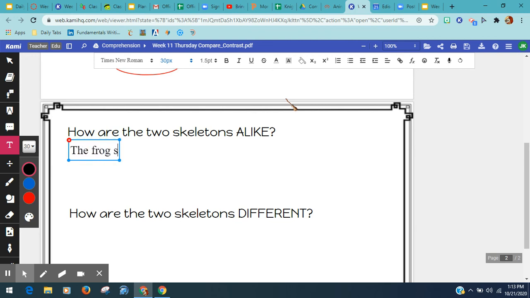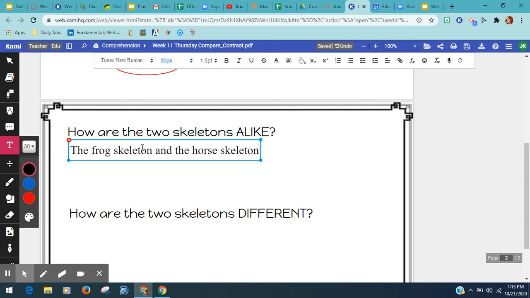The frog skeleton and the horse skeleton. And a lot of you might be thinking, oh, this is a compound sentence. I see and. No, it's not. I know you see and. But and here is not gluing two sentences together.